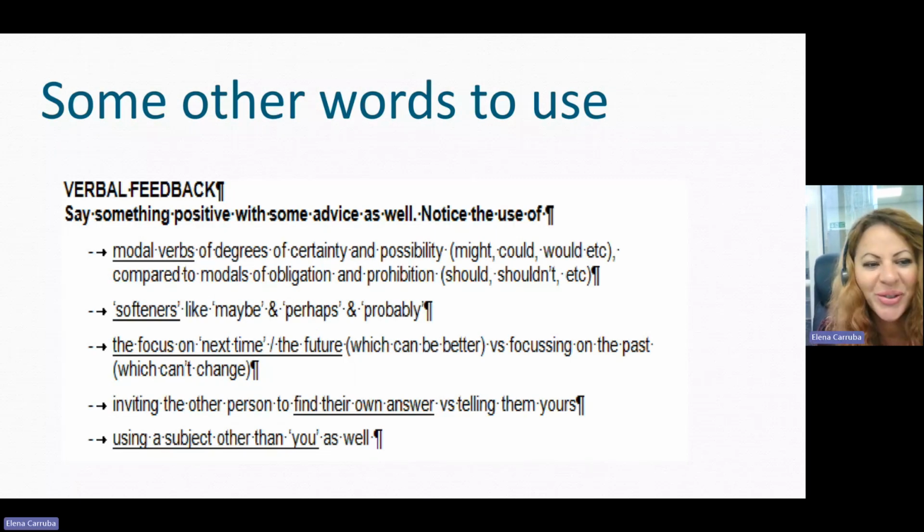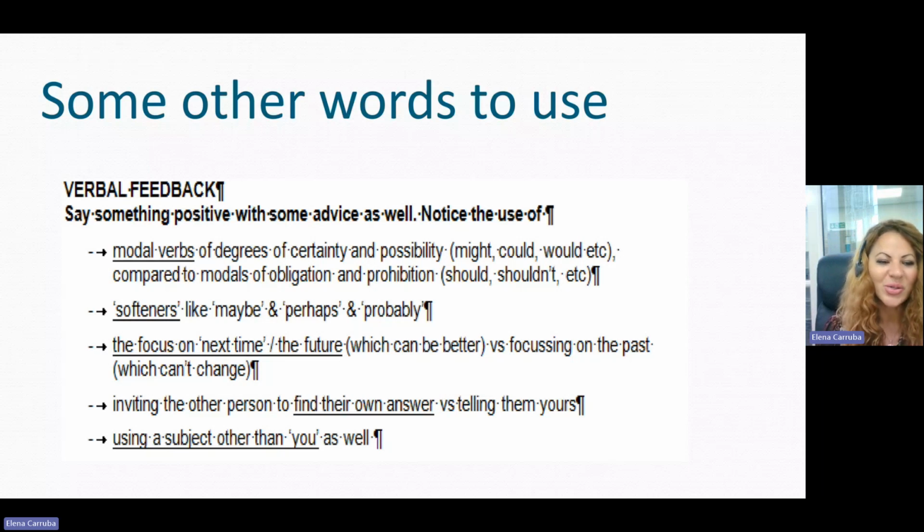Some other words to use. So bear with me, we are at the end of it. As you can see, modal verbs, so might, could, would, compared to should, shouldn't, must, mustn't. So it's better to use: we could consider, it would be great if we do this and this.